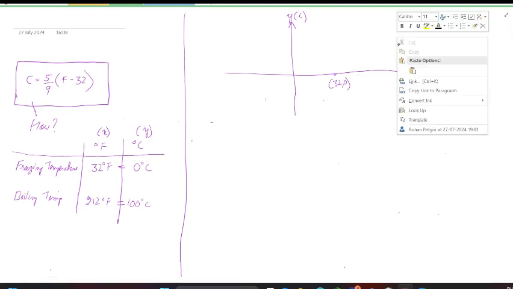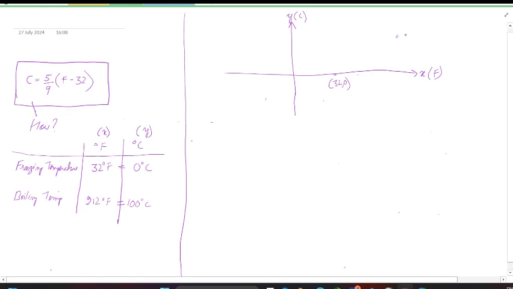Let's assume it's somewhere here, 212 and 100. Now if we join these 2 points and extend it, we get a straight line.